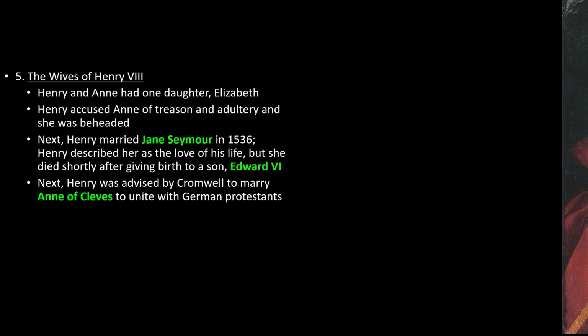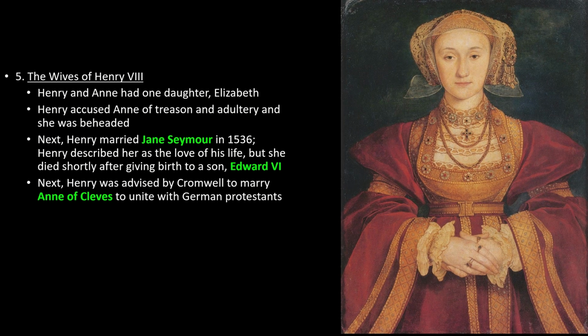Now, his next marriage was advised by Thomas Cromwell. He said, look, you need to marry Anne of Cleves because she was a German noble, and the idea was we could unite England with German Protestants, and if Charles V and the Roman Catholic Church with their armies try to come after us, we will have an alliance with German Protestants.